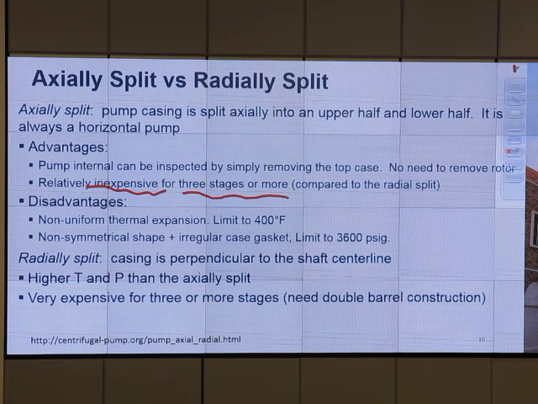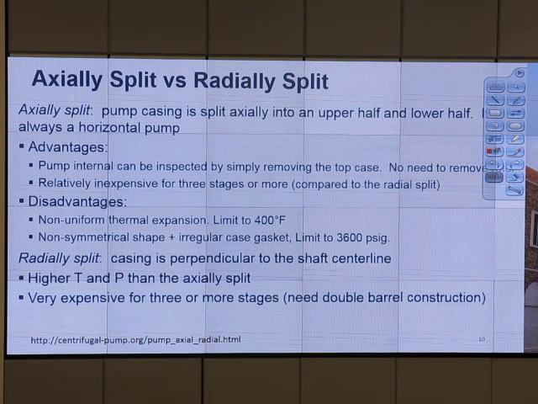So the disadvantage is it has non-uniform thermal expansion. Because the shape is not uniformly distributed, right? So one part has more metal, another part maybe has less metal. So when it expands, it's not going to expand uniformly. When that happens, you have a temperature limit.